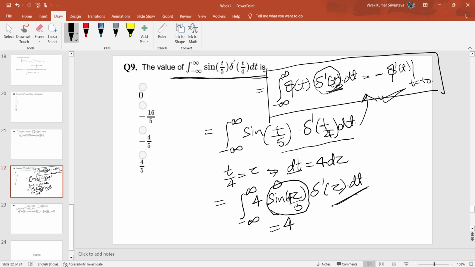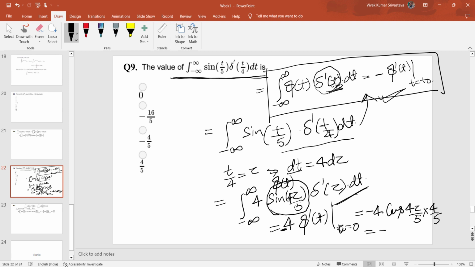So now this function becomes phi of t equals sine of 4 tau by 5. We have to take phi dash of t, and the minus sign is also there, and this is defined for tau equals 0. So this will be equal to minus 4 times cos of 4 tau by 5 into 4 by 5.